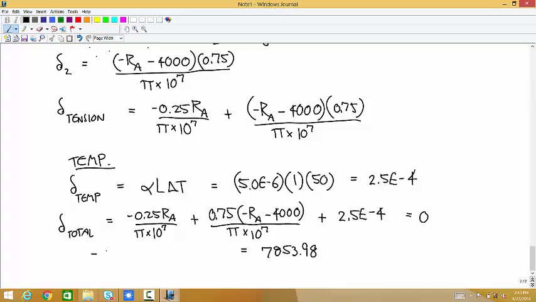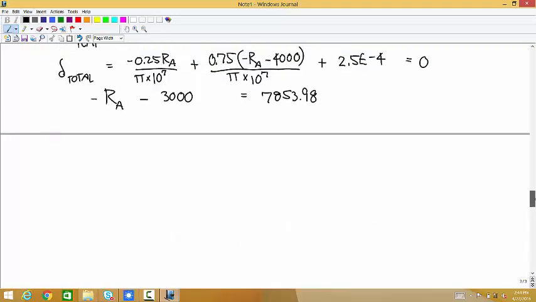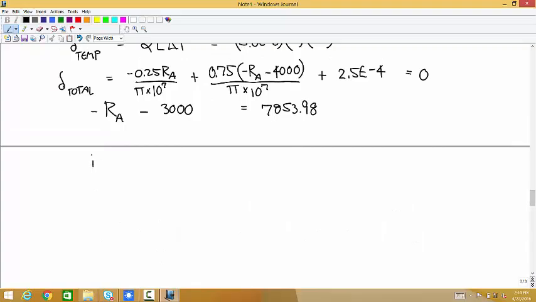And over here we have negative, so minus 0.25 RA, minus 0.75 RA, so that's just minus RA, minus 3,000. And so RA... Shouldn't the 7,000 be negative? Yes, you're right. So RA is equal to 4,853.98.